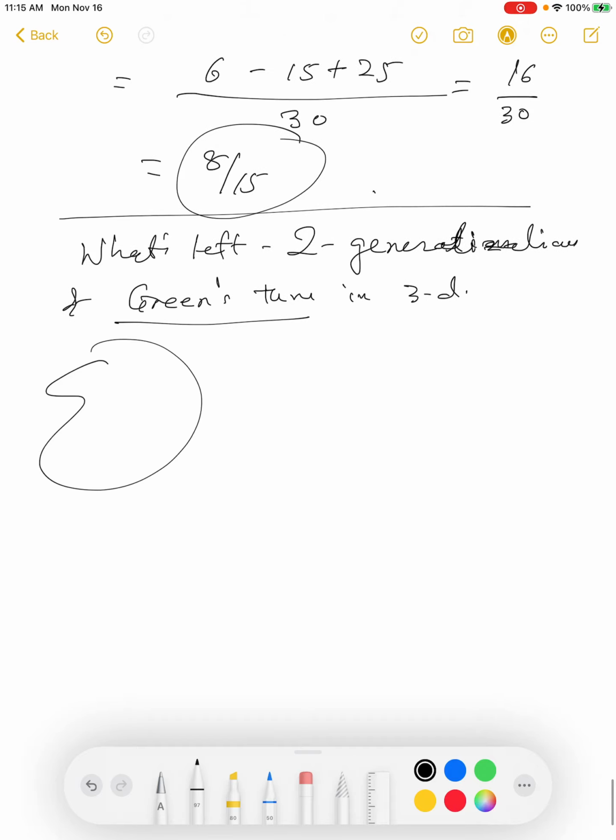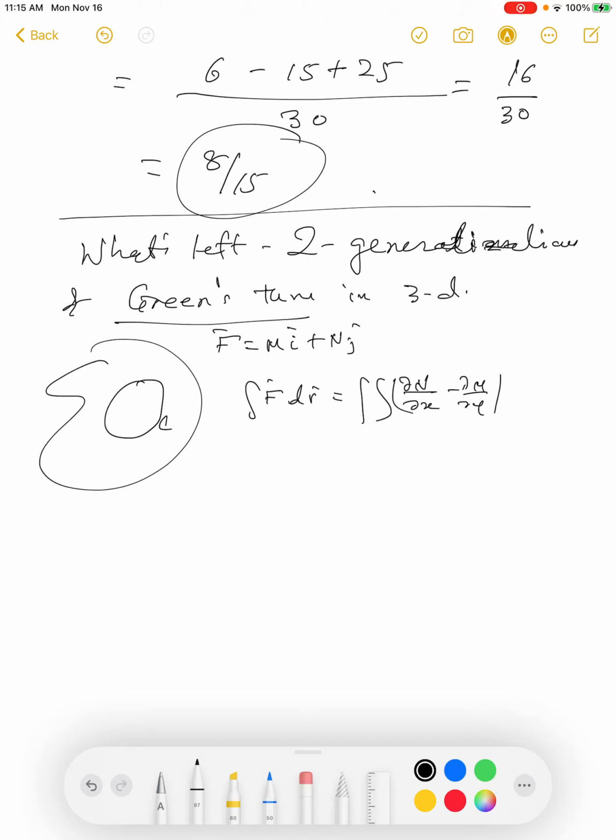In the plane, you have a region and you have a vector field F equal to M i bar plus N j bar. Then the line integral of F bar dot dr bar, if you take a closed curve C, is equal to dN dx minus dM dy over the region D.